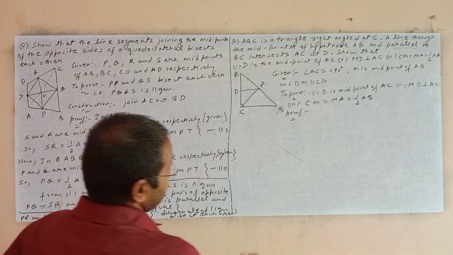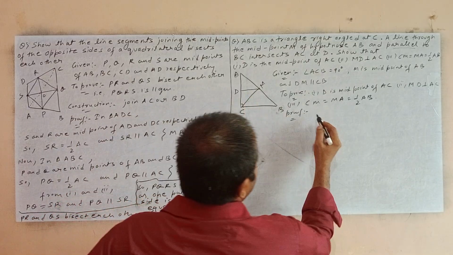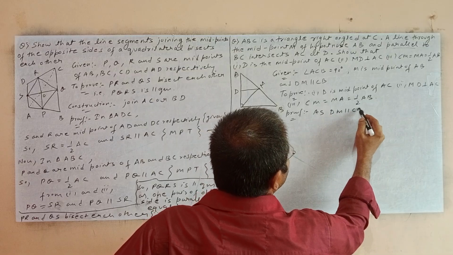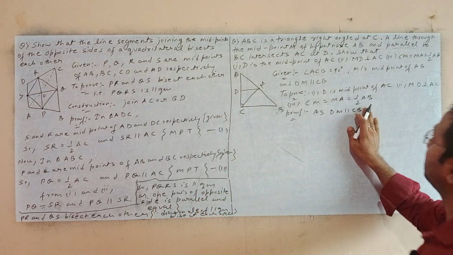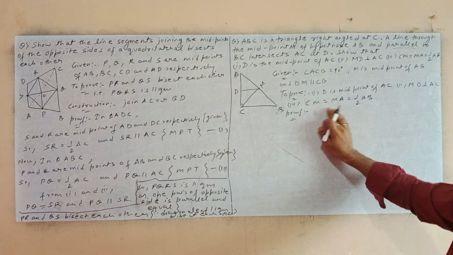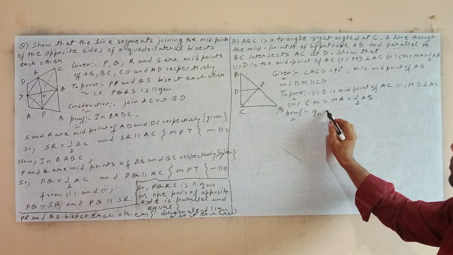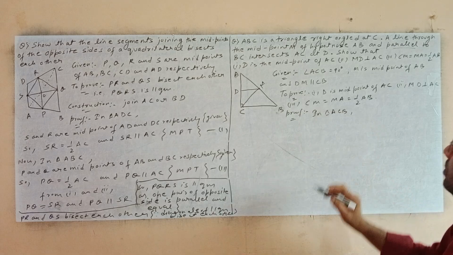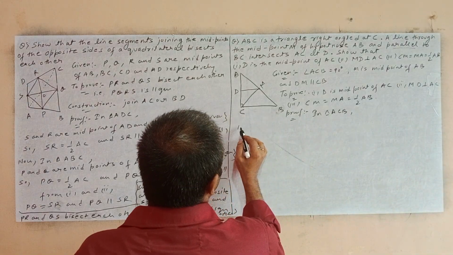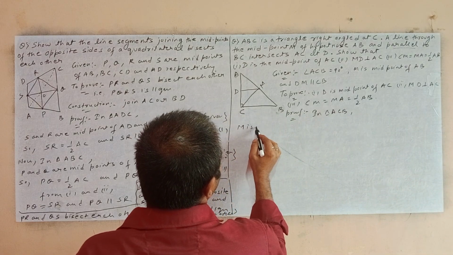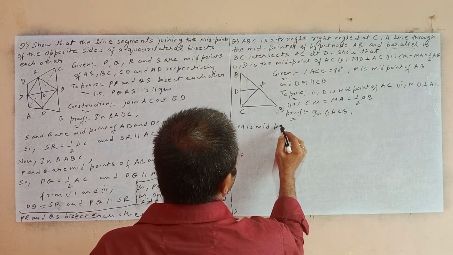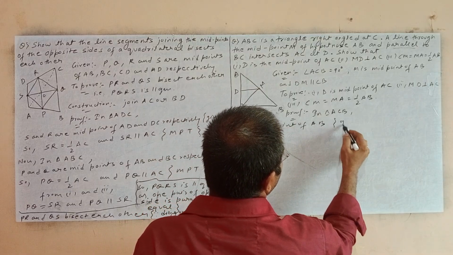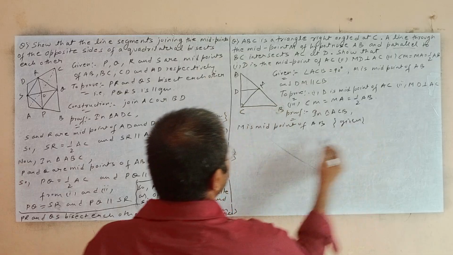Now let us start our proof. See here, as DM is parallel to CB, in triangle ACB, M is midpoint of AB. Why? It is given.